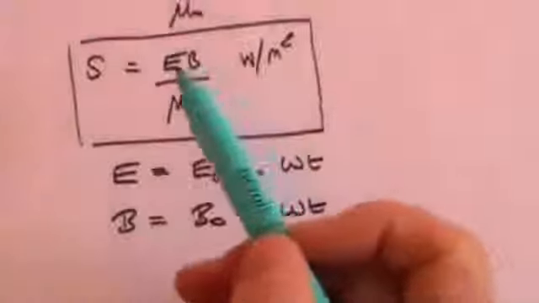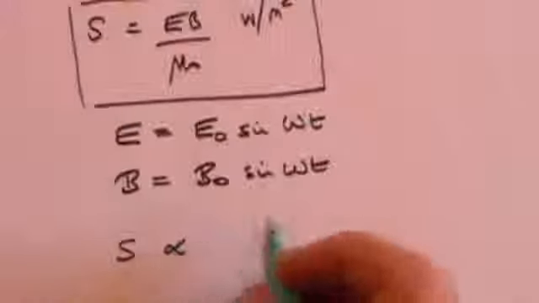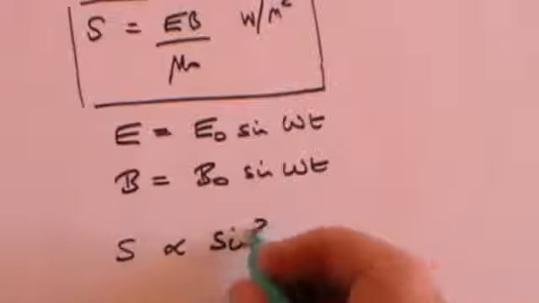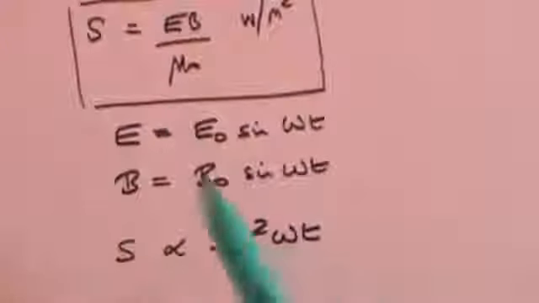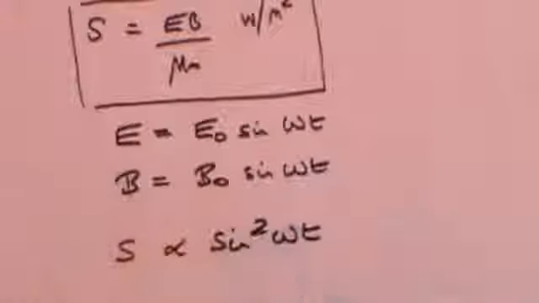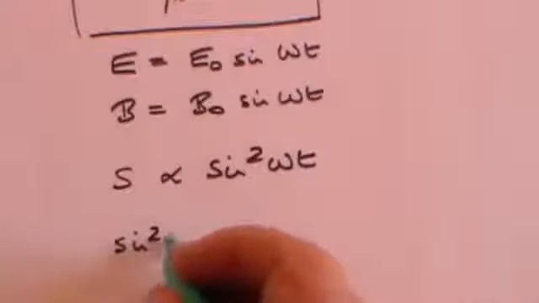Consequently, this term S, which is a product of E times B, will therefore vary according not only to sine omega t, but sine squared omega t, because it's E times B, so you've got a sine times sine term. So S, the Poynting vector, will vary according to sine squared. What then is the average value of sine squared omega t?